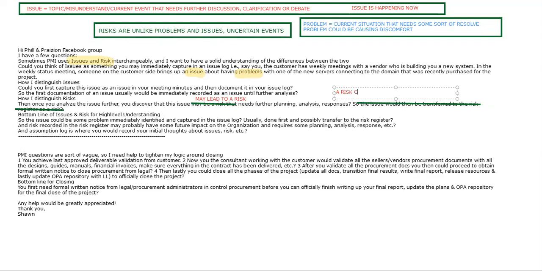So I'd say an issue could be or lead to a risk which may need further analysis and treatment.